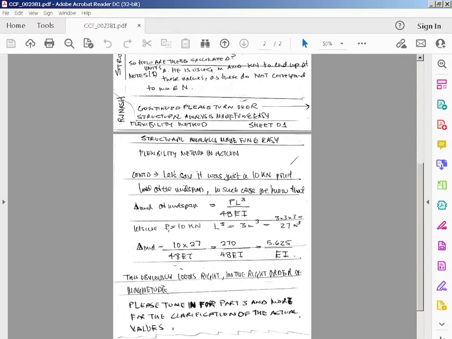In such a case we would have P equals 10 kilonewtons, and L cubed would be 3 meters cubed, which is 3 times 3 times 3, which is 27 meter cubed. So therefore the deflection at midspan would be 10 times 27 over 48 EI equals 270 over 48 EI equals 5.65 over EI.